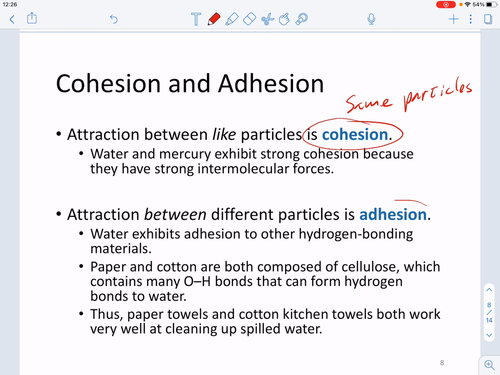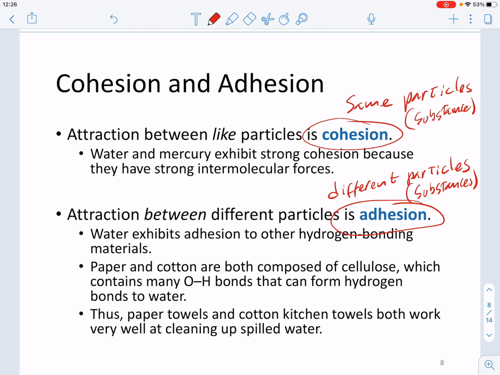Now, when we are talking about adhesion, it's the same intermolecular force principle, but here we are talking about different particles. I should be maybe more specific. Same particles meaning same substance. And here we are talking about different particles because they are different substances.